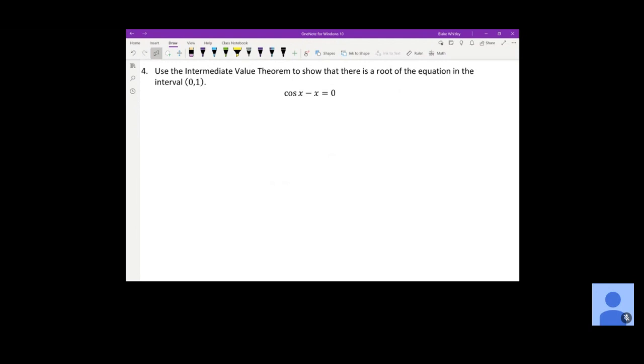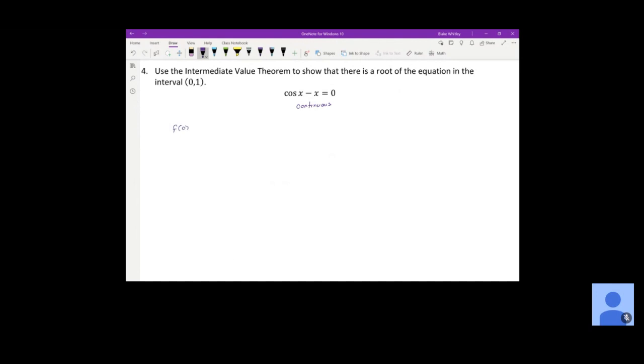Good. Plug in the 0, plug in the 1, because we do have a continuous function this time. Cosine is continuous on its domain, which is all real numbers. x is a polynomial, so it's continuous. This is the difference of two continuous functions, so we know that this is a continuous function. So now we can just plug in the 0 and the 1.